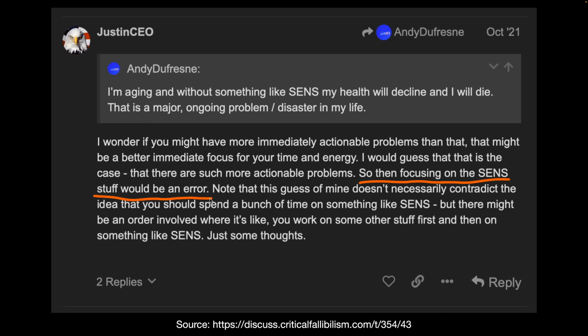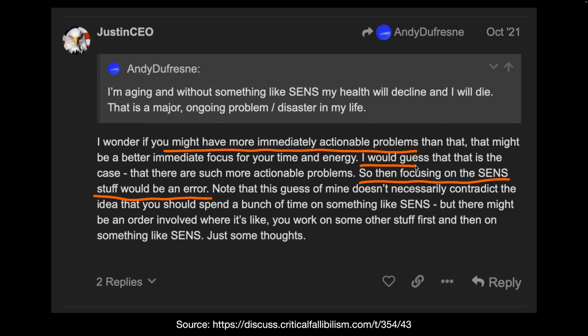The main point is that focusing on sends might be an error. The reason is that person might have more immediately actionable problems. So it could be better to focus on the more immediate problems instead of the long-term problem that without advancements in medical technology, you'll die of old age.